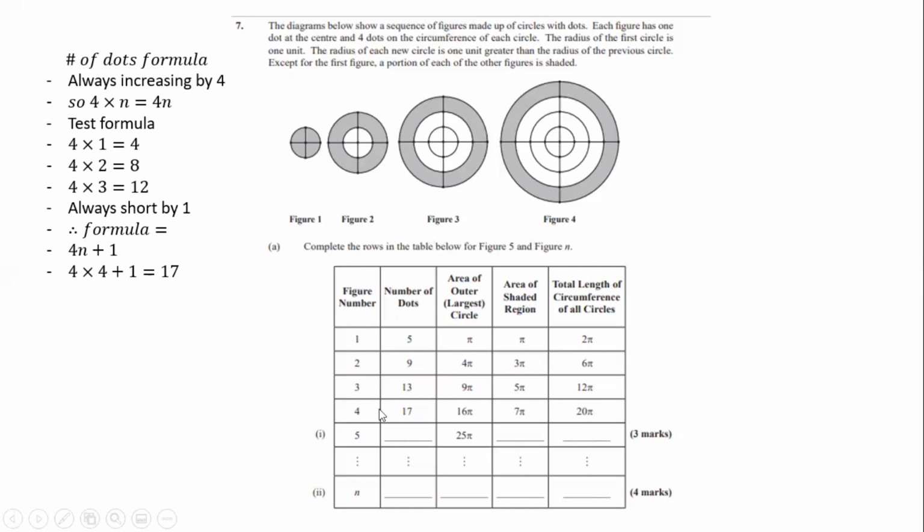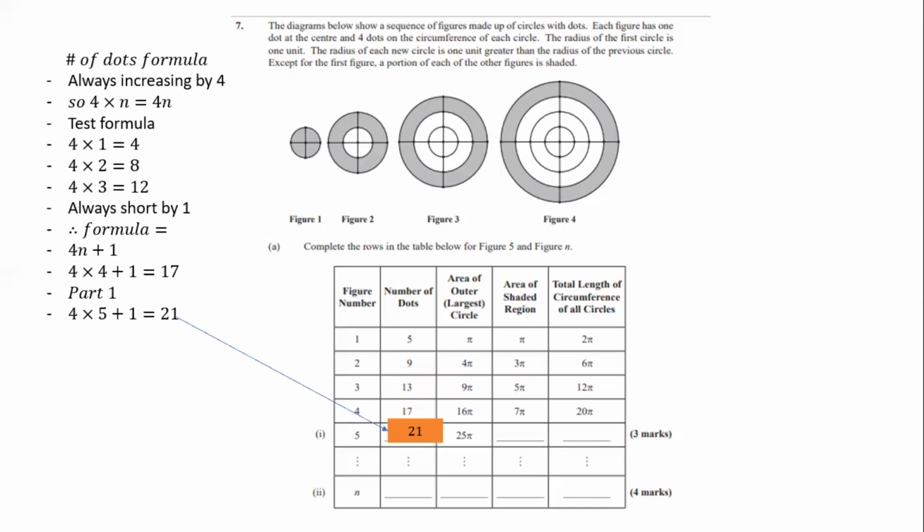So now we can go ahead and find the first missing value under the number of dots. So n in our formula 4n plus 1 would be 5. So we have 4 multiplied by 5, which is 20, plus 1 will give us 21. So our answer for the number of dots in figure 5 is 21.